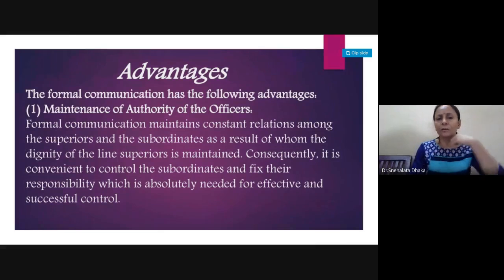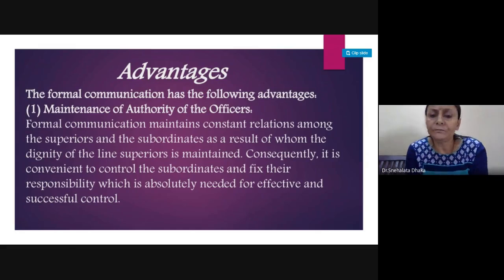So this all means what? Maintenance of authority. Through formal communication, the maintenance of authority is continued, and this is needed for smooth continuation of work in an organization.